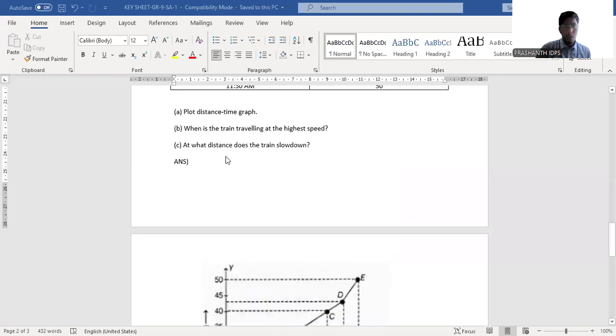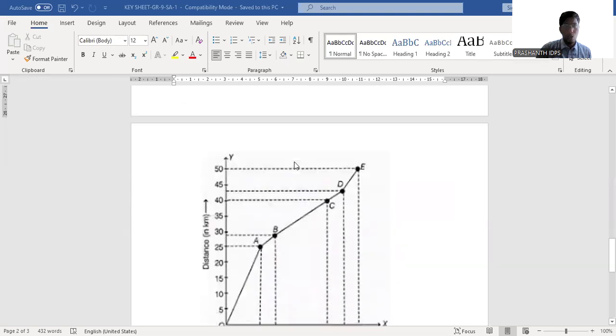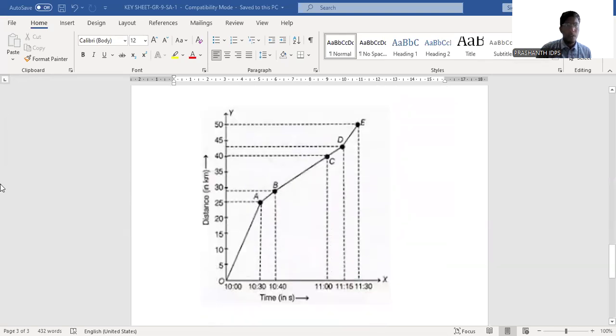Next, the third one: at what time does the train slow down? You observe the curve carefully here. From 10 to 10:40, it has traveled 25 with almost this slope. Here the slope is more, so it has to travel faster.